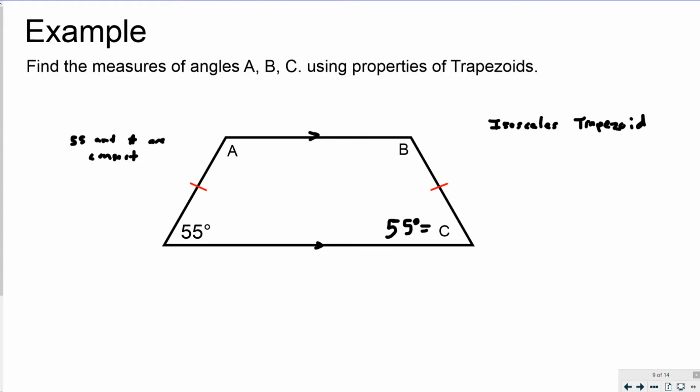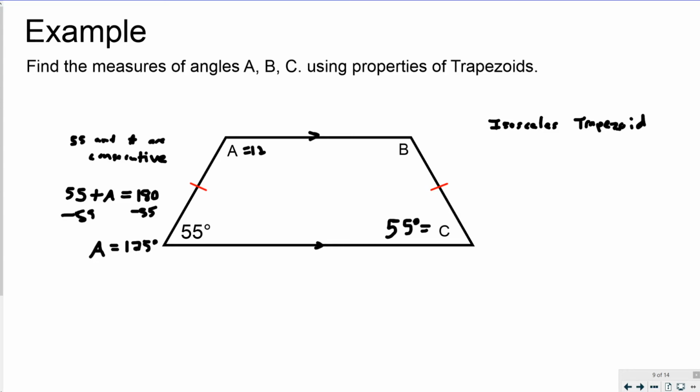So they are supplementary, and I can't spell consecutive correctly. Consecutive. And because they are consecutive, I can say that they are supplementary, which means 55 plus A, angle A, has to equal 180. So just doing a little quick math here and taking away 55 from both sides, I can know for certain that A must be equal to 125 degrees.